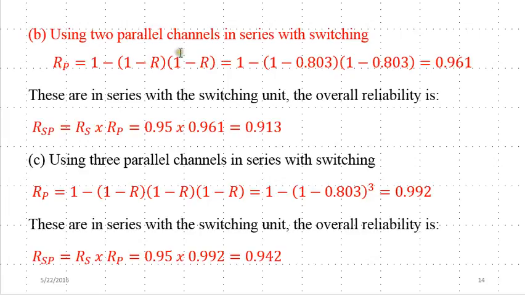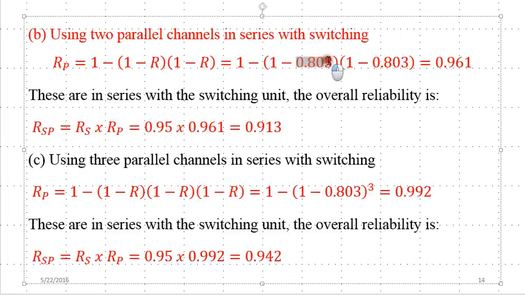So the reliabilities are the same. Now the basic I have got is 0.803. So I'll say 1 minus this into this. Finally, I got 0.961. You should notice that for a single system, I have only 0.803.